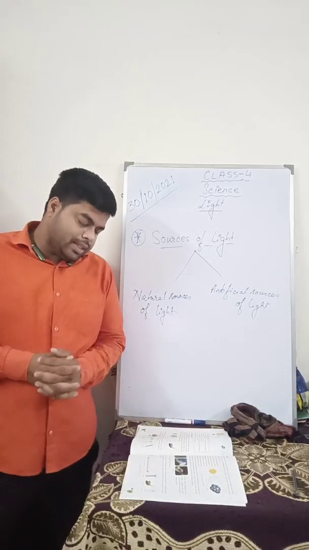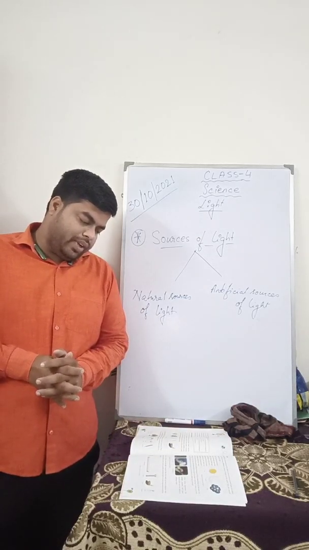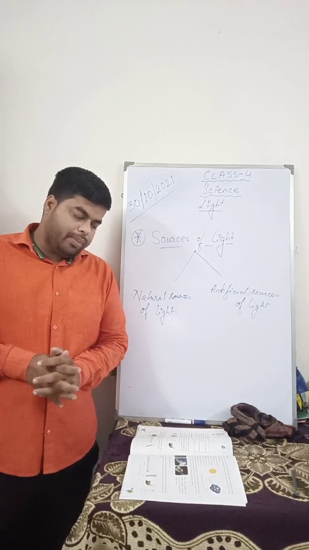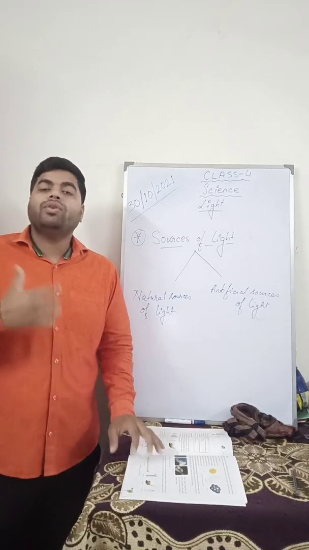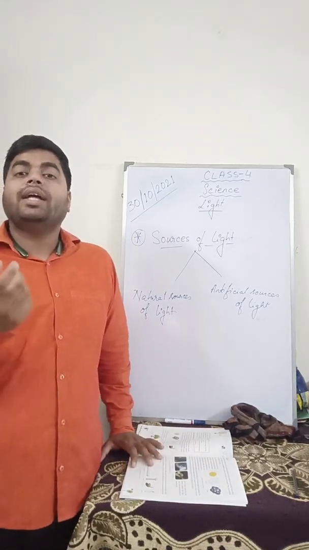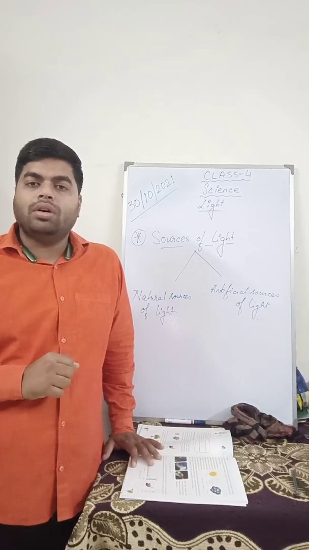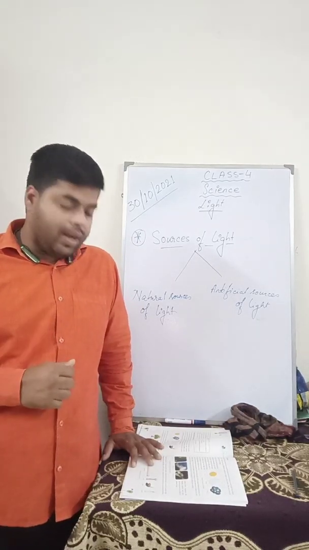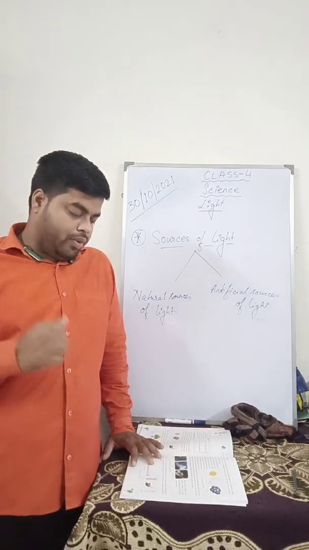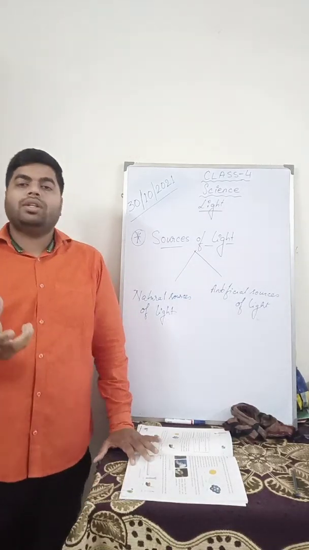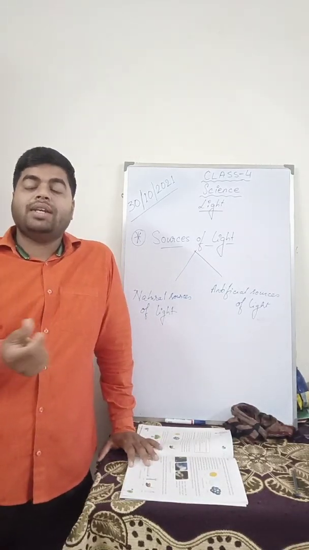Some living organisms like fireflies, jellyfish and glowworms also have the ability to produce light. So there are a few living things which have the capacity to produce light of their own. Fireflies are very common.